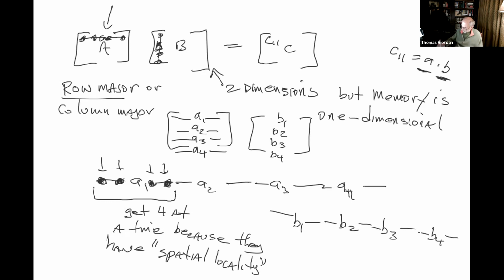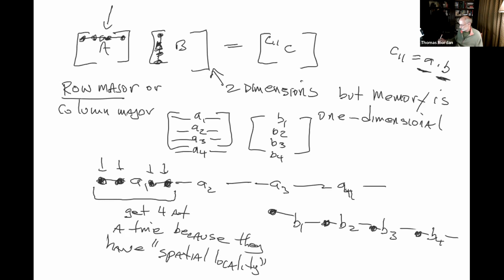We can see that the elements of B that we need are this one, and this one, and this one, and this one. So that's really bad news, right? That's really ugly, because they have no spatial locality at all.